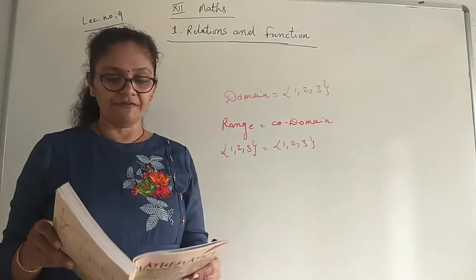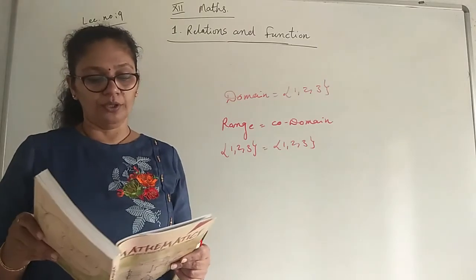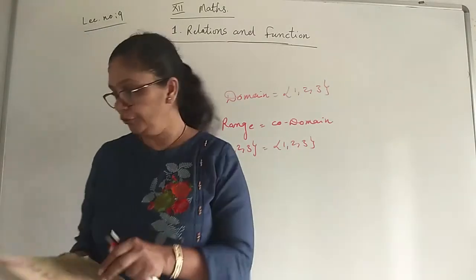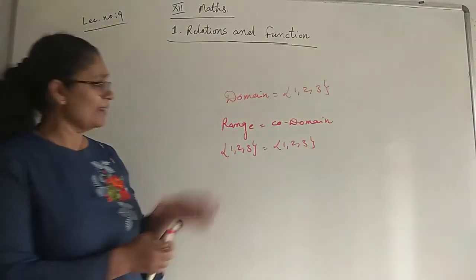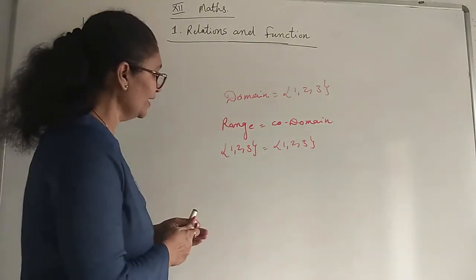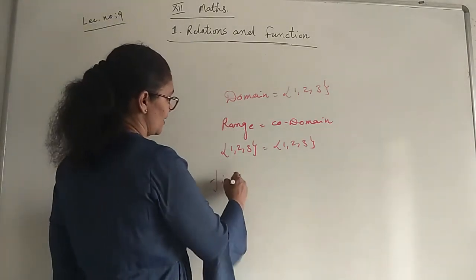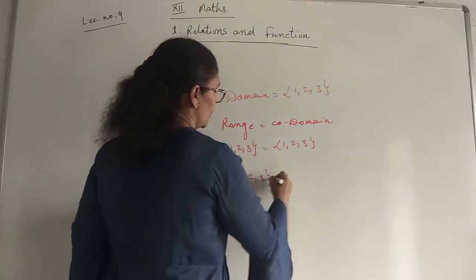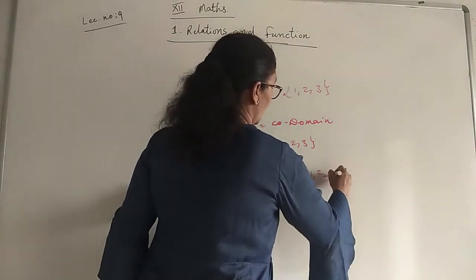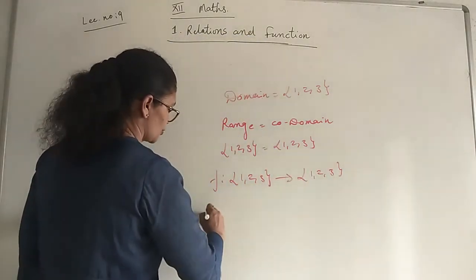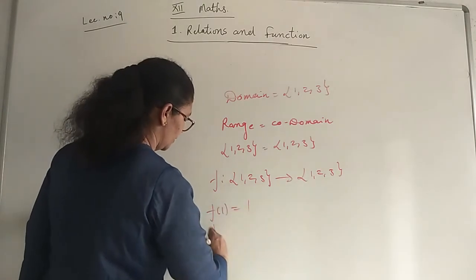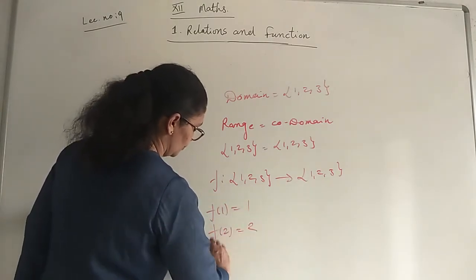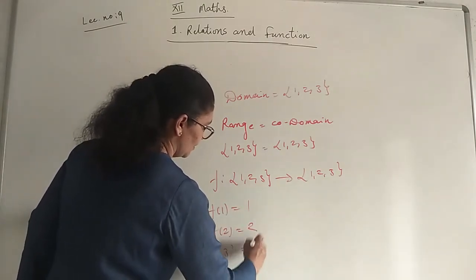And last question. Show that a one-one function f from {1, 2, 3} to {1, 2, 3} must be onto. Again same question. What are the domain and codomain given? Function is mentioned from 1 2 3 to 1 2 3. What is given? It is a one-one function. Means for 1 the answer may be 1, for 2 the answer may be 2, and for 3 the answer may be 3.